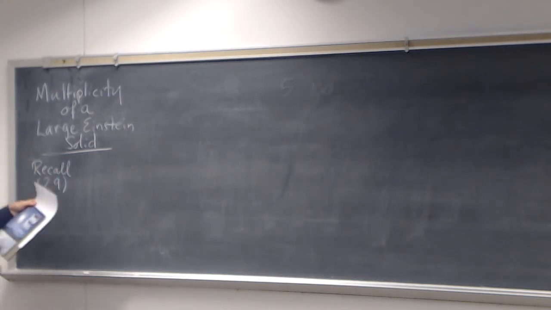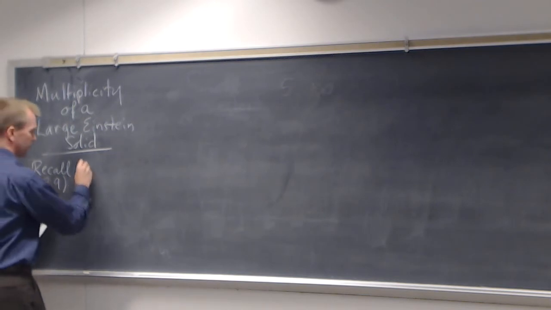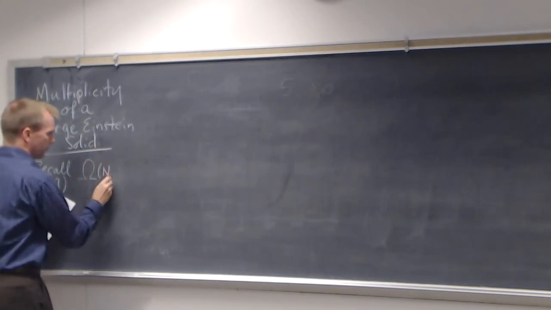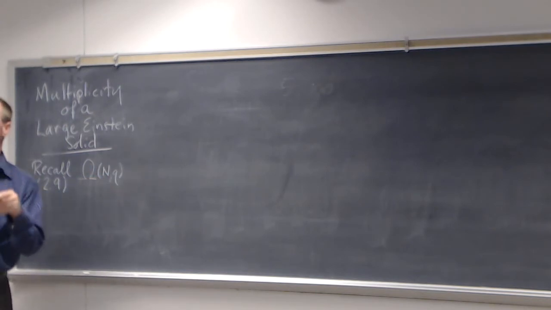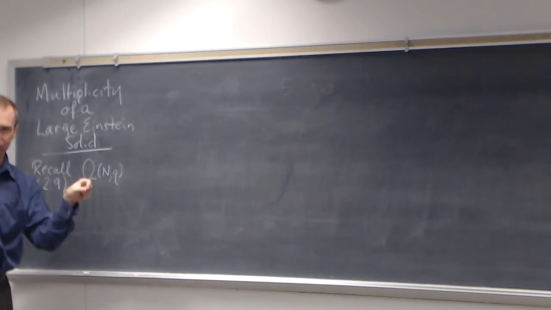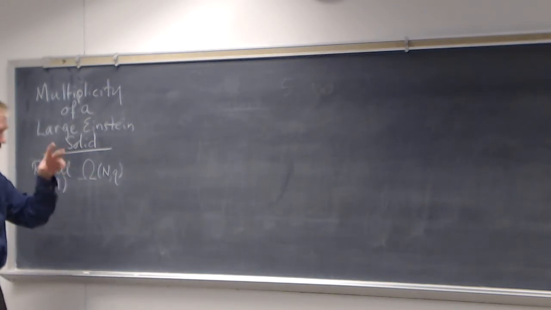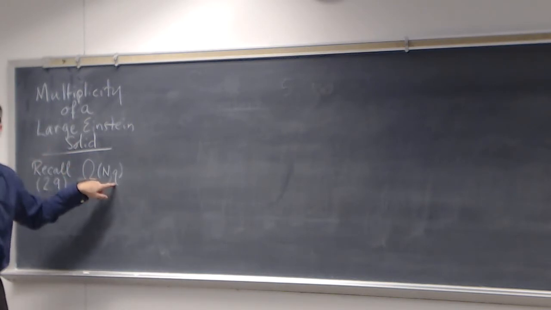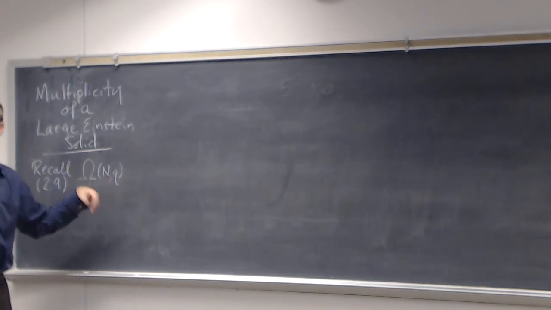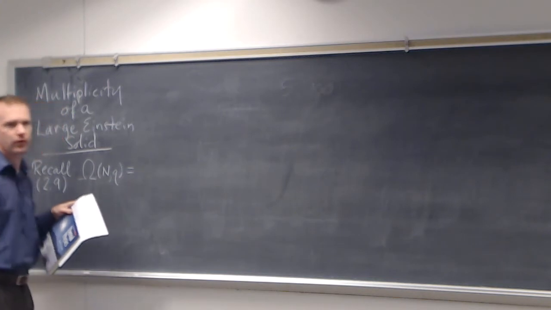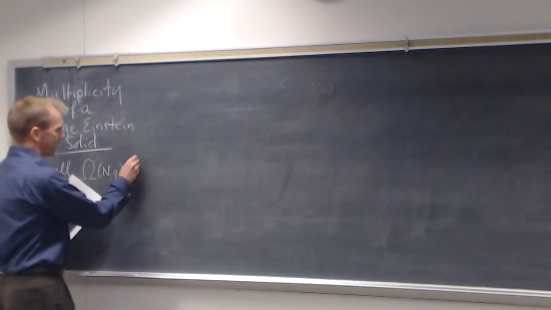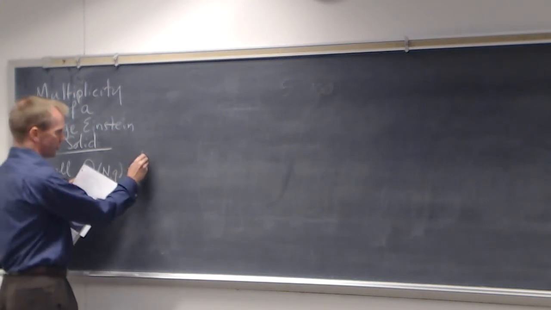So equation 2.9 gave us, for an Einstein solid with N oscillators, remember that means N over 3 atoms, each atom has 3 oscillator directions, and Q units of energy, Q standing for quanta, Q quanta of energy. We've got that binomial notation here.